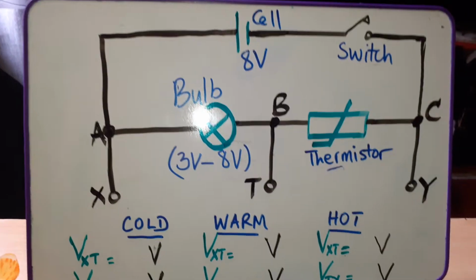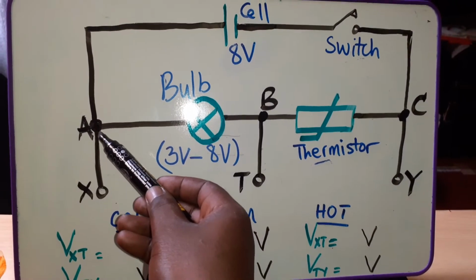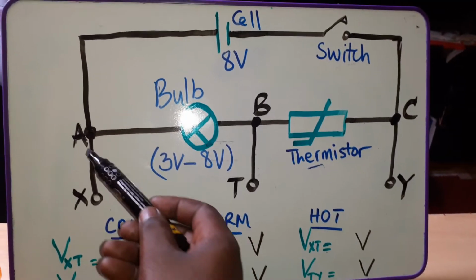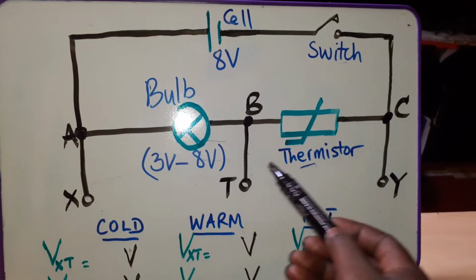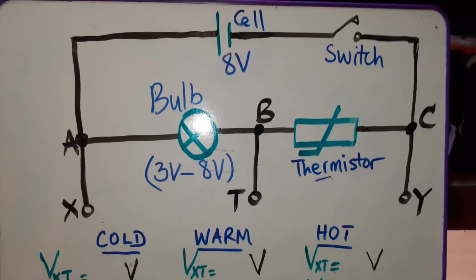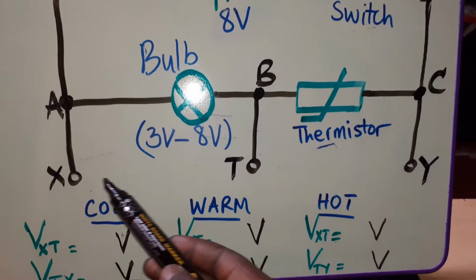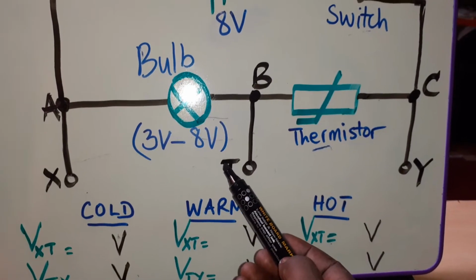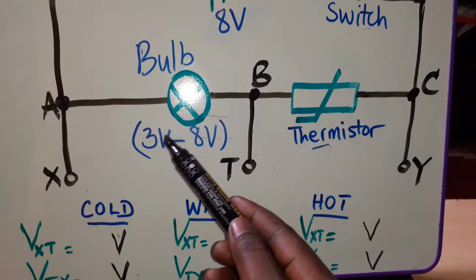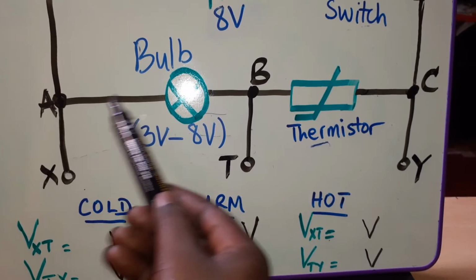Very simple circuit. Now you have extensions at A, B, and C. That is AX, BT, and then CY. These extensions allow us to connect a voltmeter across XT, which will be used to measure the voltage across AB.